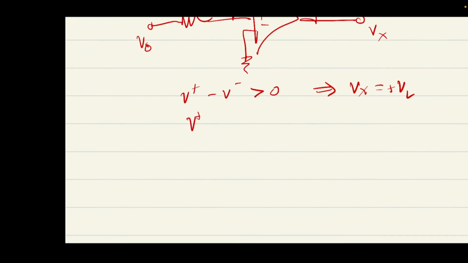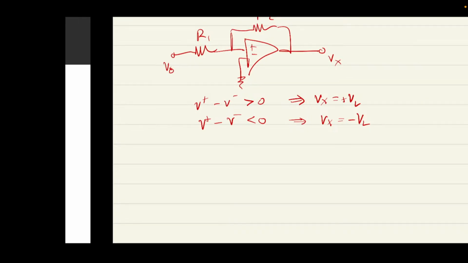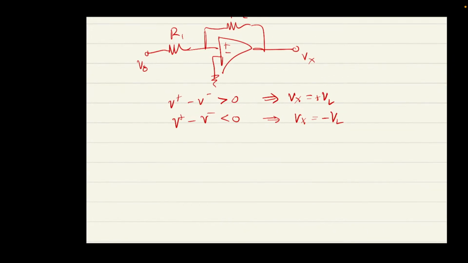And if the difference is negative, then Vx goes to negative VL. So the first thing we're going to do is figure out an expression for V plus. V minus is just ground, it's 0. What is V plus? Well, we need to figure that out.